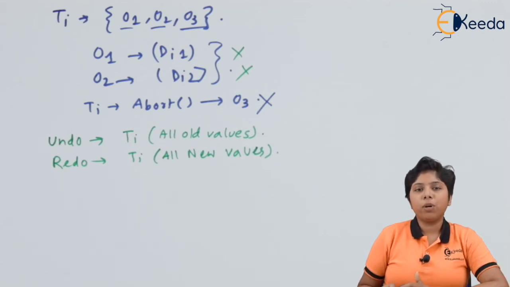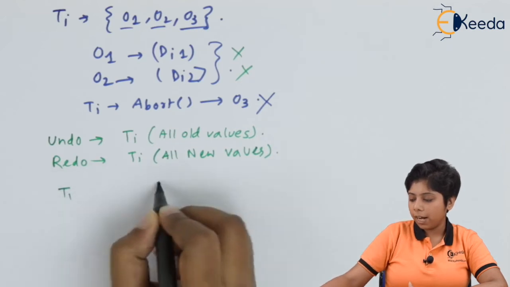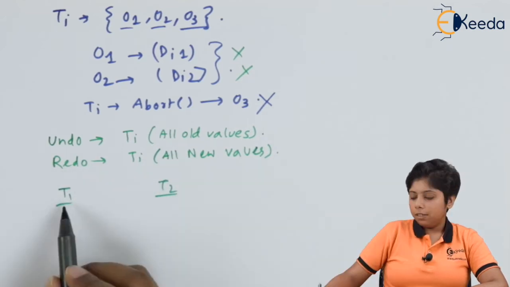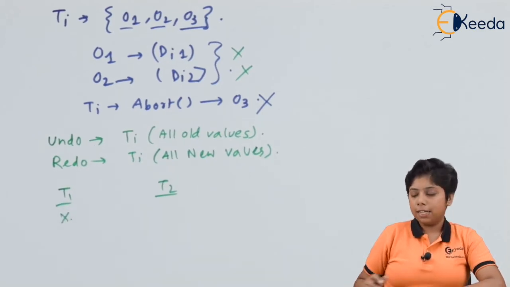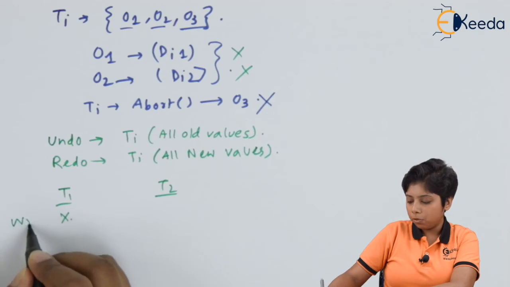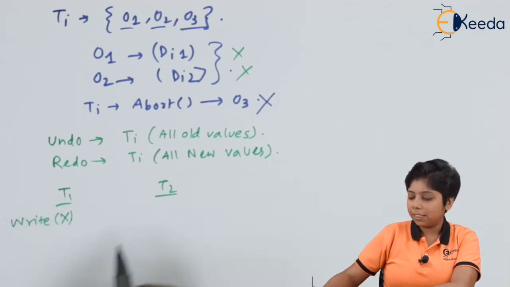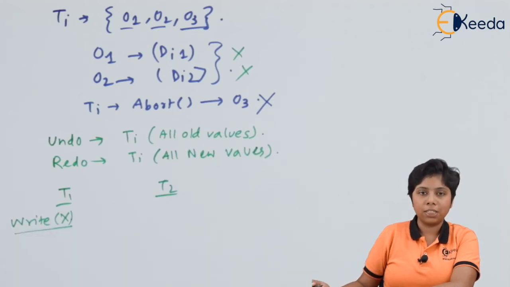Now, how can we recover from such situations? Suppose for concurrent execution we have T1 and T2, two transactions executing concurrently. T1 has modified the data item X, so T1 performs write X as its operation. Now T2 also wants to perform write X as part of its transaction.